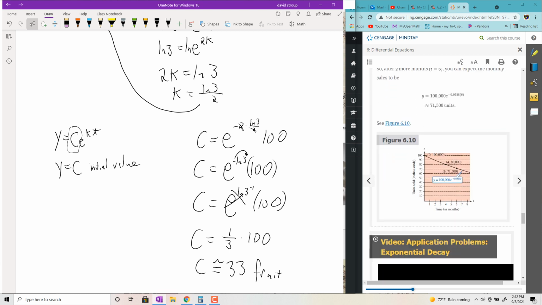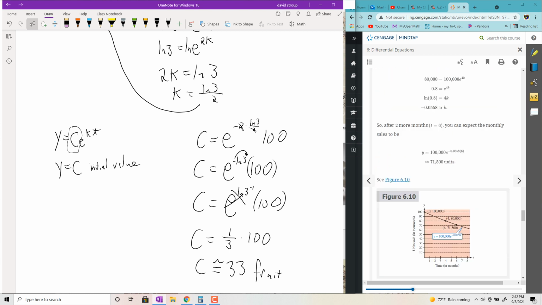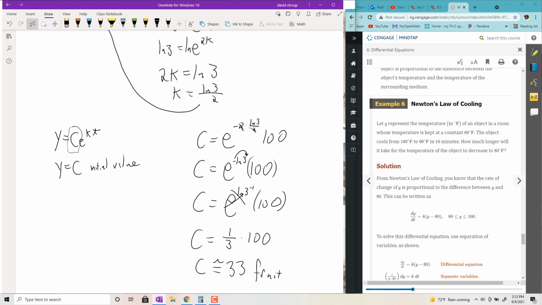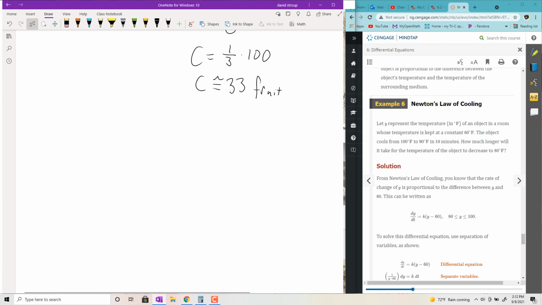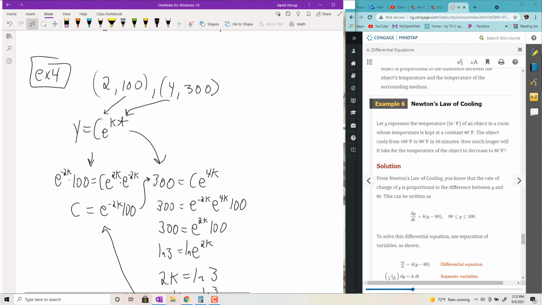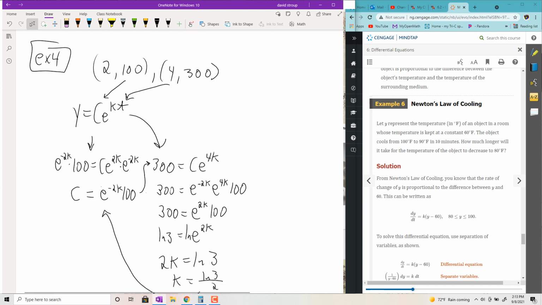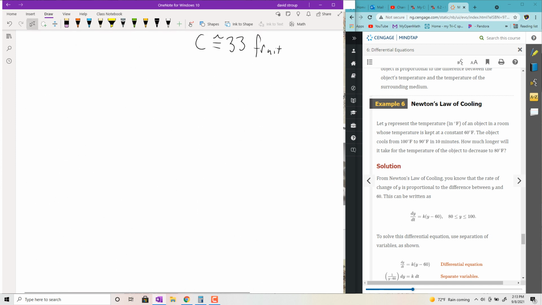Okay. Let's go ahead and skip the declining sales problem and zip into the Newton's law of cooling problem. So this Newton's law of cooling is a lot like an exponential growth model. So let's give it a different section title.